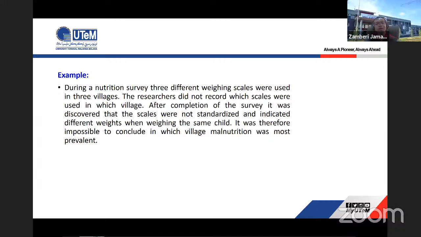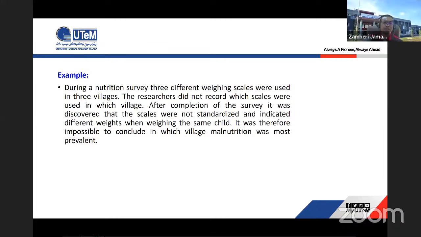He or she did not record which scale was used in which village, so they are not standardized. When it comes to the data collected, there could be miscommunication and ambiguity about its validity, because we could not accept those data since we do not know what tools were used for data gathering in that particular village.